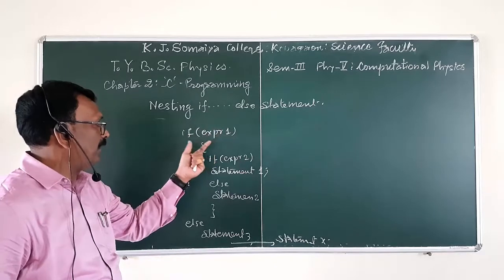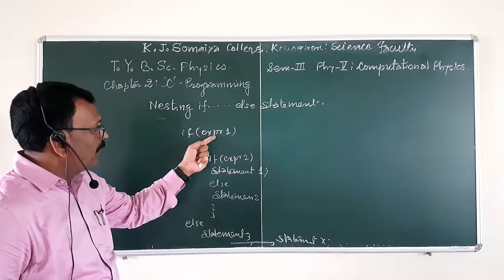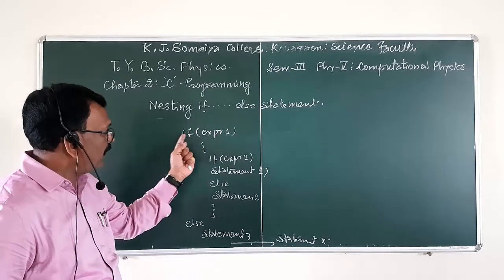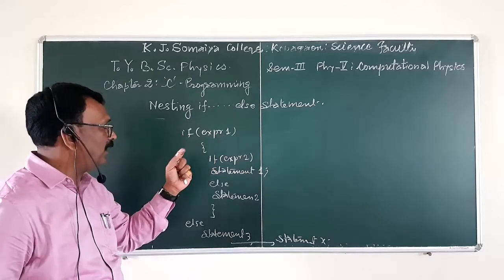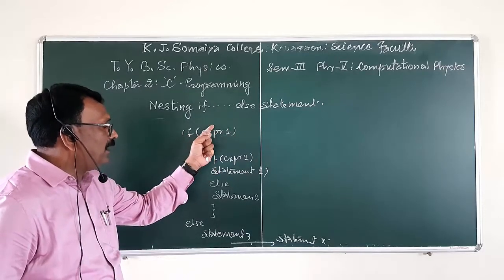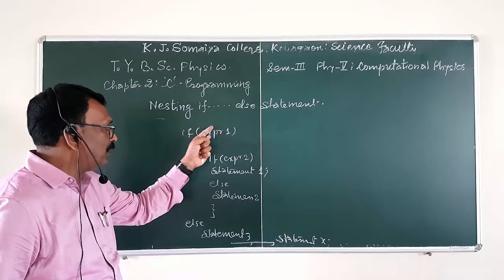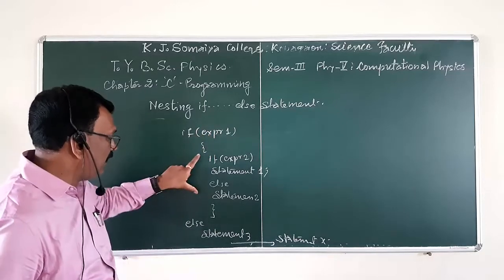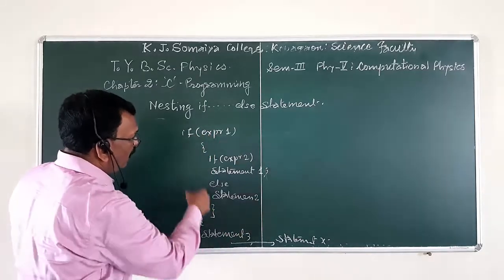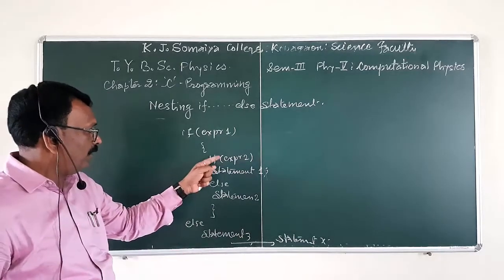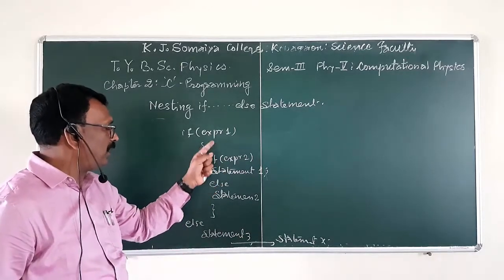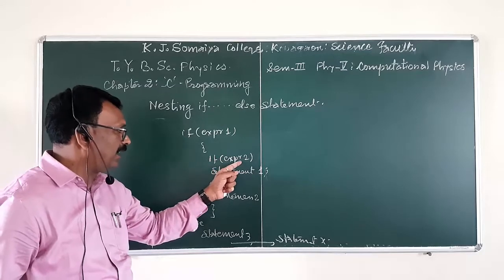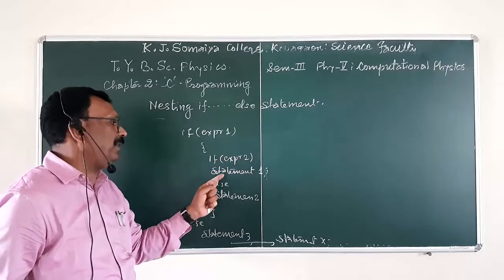In the nesting if-else statement, first of all, the first statement is executed. When the expression condition is true, then control enters this body. This is the body of the outer statement. Again, when control enters the body of the first if statement, it checks the second or inner if statement.